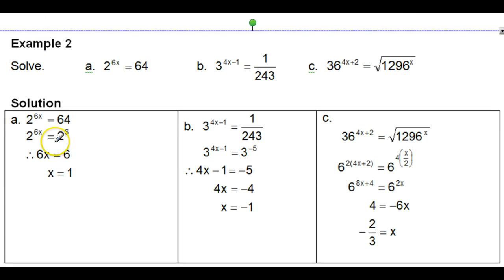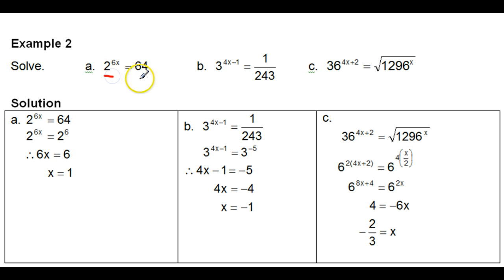Okay. Now those ones are all fairly obvious. Those are added in just to make the point of where we want to get with the tougher questions. Certainly the majority, if not all the questions you see, will look closer to these examples than the first two, but the point still remains the same. If I have the same base on one side of the equation as on the other, then my exponents will be equal as well.